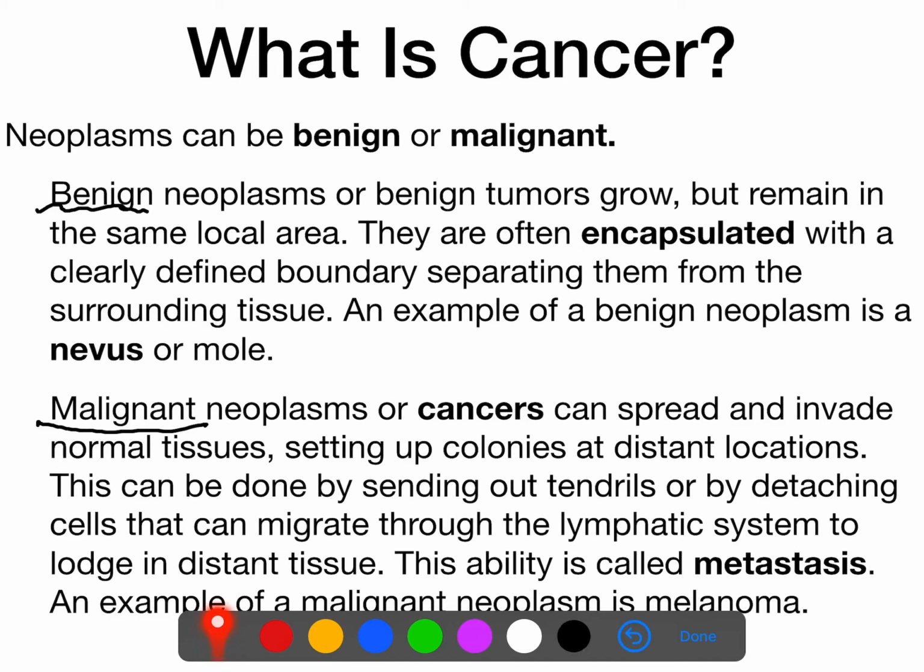Malignant neoplasms are called cancers, and they spread and invade normal tissue, setting up colonies at distant locations. There are a few different ways that they can do that. One is a mass of cells that sends out tendrils in a location. It then founds another mass of cells, and that can send out tendrils somewhere else, and they can grow in chains like that.